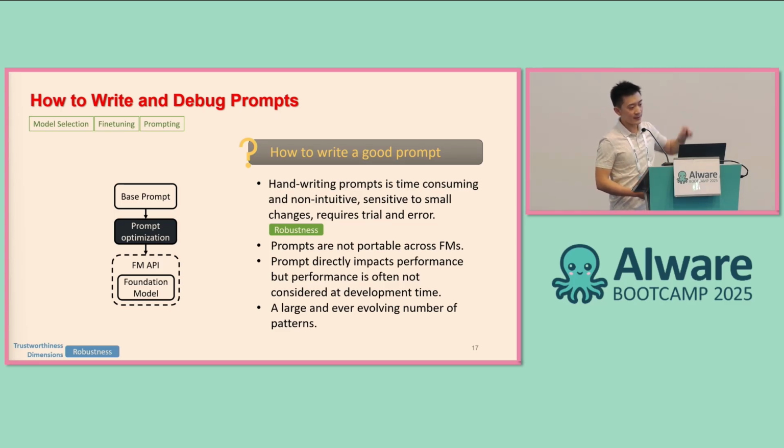In prompt optimization, you will see frameworks like SAML, DSPy, those things that try to optimize the prompt and the flow for you as a search problem instead of handcrafting every single component of your prompt. That contributes to increasing the robustness of the trustworthiness dimension, which I'll be listing at the bottom of the slide.